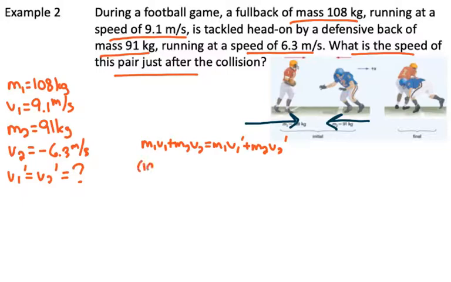Substituting in, M1's 108 kg, V1 9.1 meters per second, M2 91 kg, V2 negative 6.3 meters per second, equals M1, which is 108 kg. And since V1 prime and V2 prime will be equal, I am going to call both of those X, and I'll explain why in the next step.